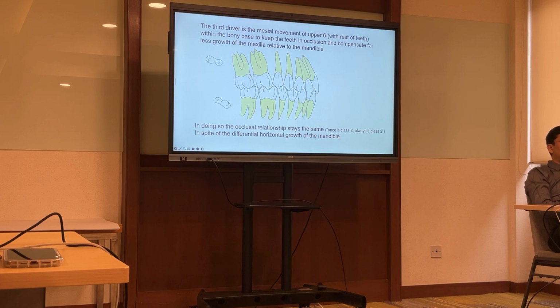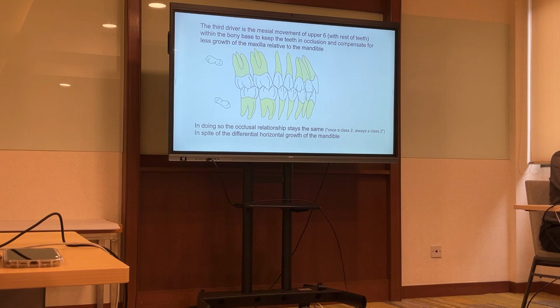If you don't want the upper 6 to go forward, the third driver has to be managed. So you create disocclusion. It could be anything. Sometimes some flowable composites on the occlusal surface of the lower 6s can create disocclusion and help you take advantage of the differential horizontal growth. But you have to time it. You just can't put it anytime you like.